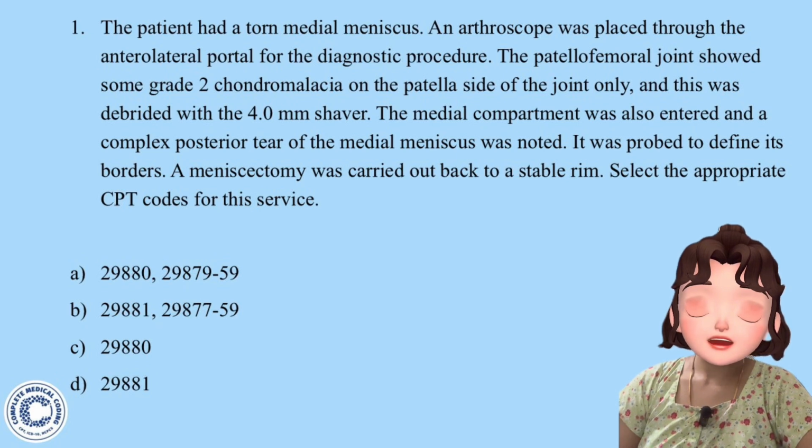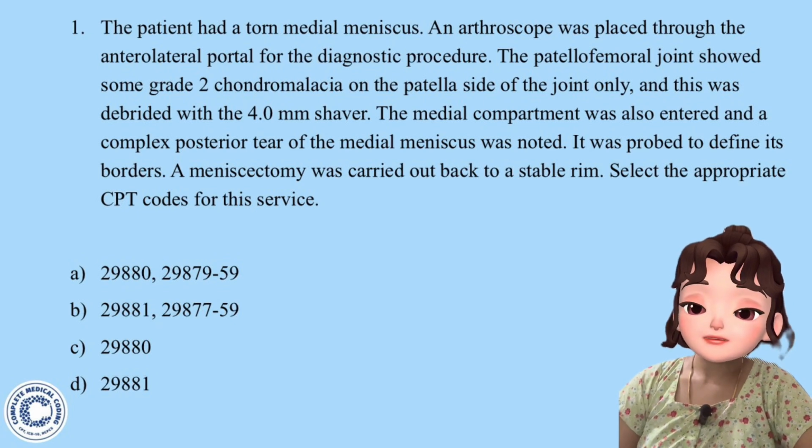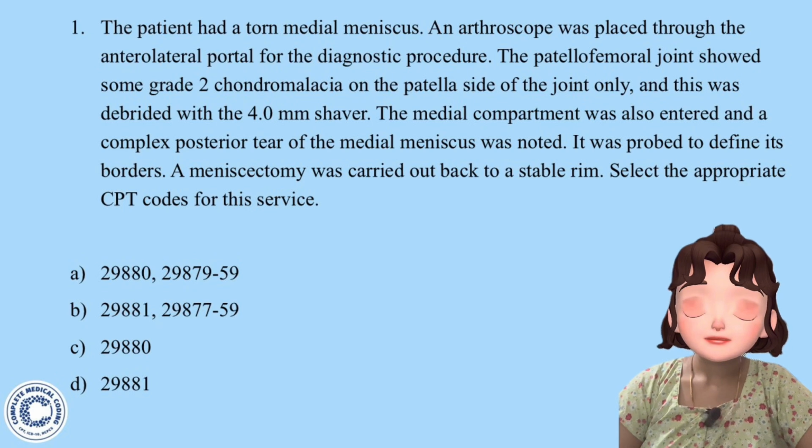29880 is arthroscopy knee surgical with meniscectomy, medial and lateral, including any meniscal shaving, including debridement or shaving of articular cartilage, chondroplasty, same or separate compartment when performed. And what is 29881?